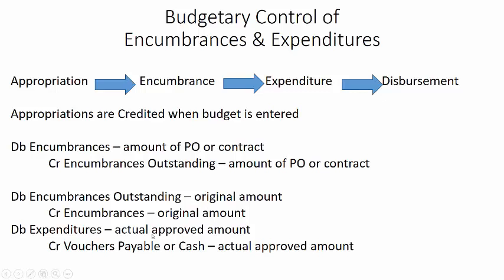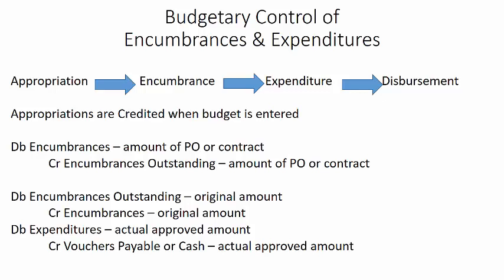And then the amount of the invoice that's actually approved, that's what we're going to debit to expenditures and credit to vouchers payable, or credit to cash if we actually end up paying it right then and there. Again, those are for the actual amounts approved. So this helps us for budgetary control purposes. We can compare all of these numbers.